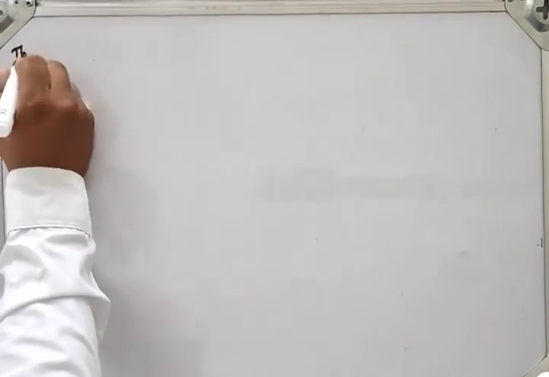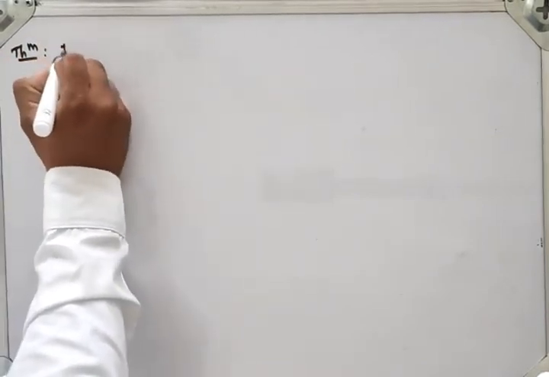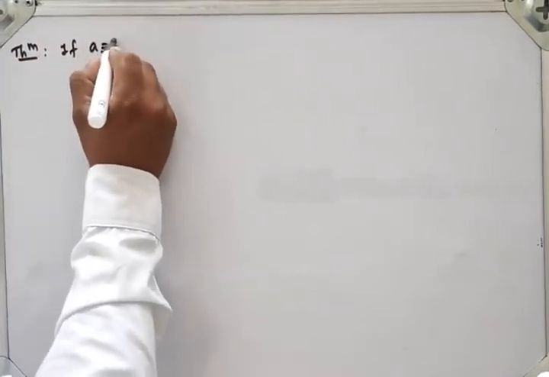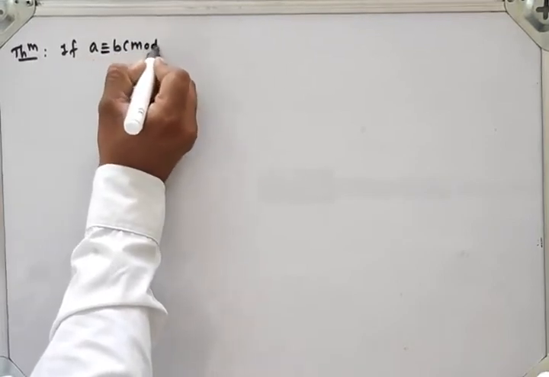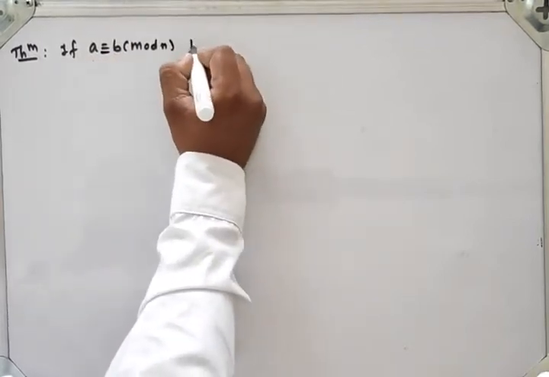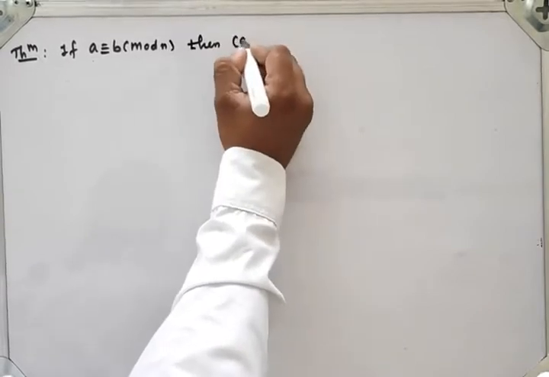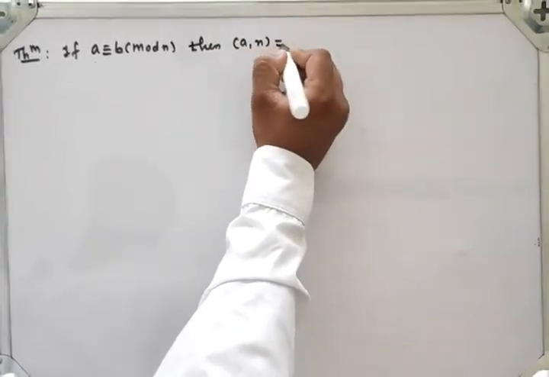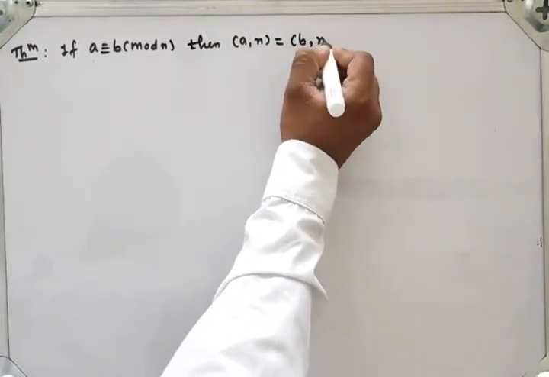Let us see another theorem. The statement is: if a is congruent to b modulo n, then show that GCD of a and n is the same as GCD of b and n.